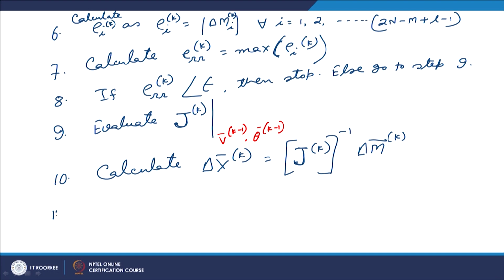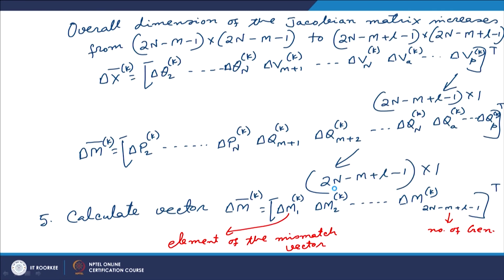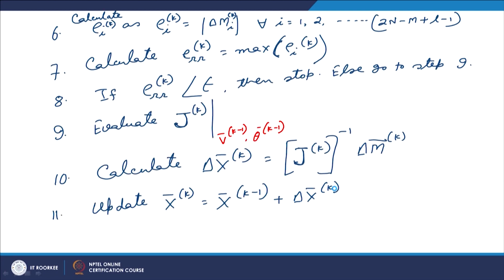Then we update x k equal to x k minus 1 plus delta x k, where x k would be theta 2 and so on.